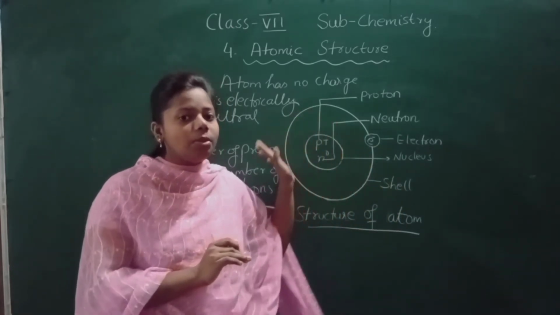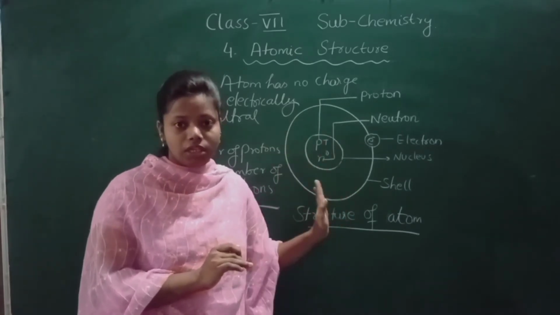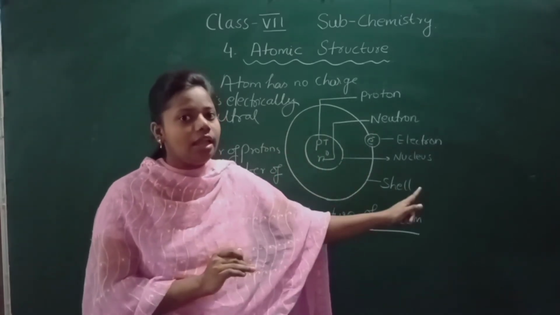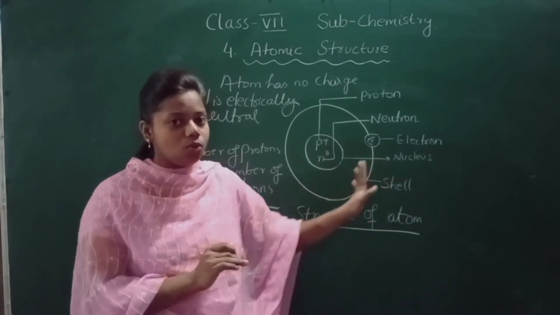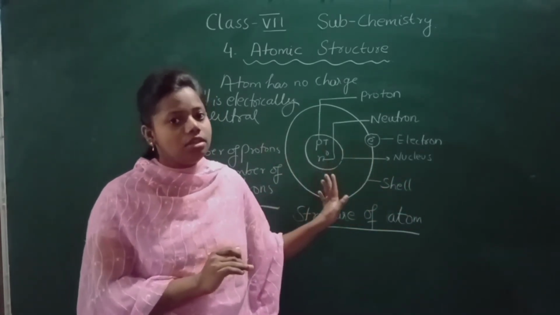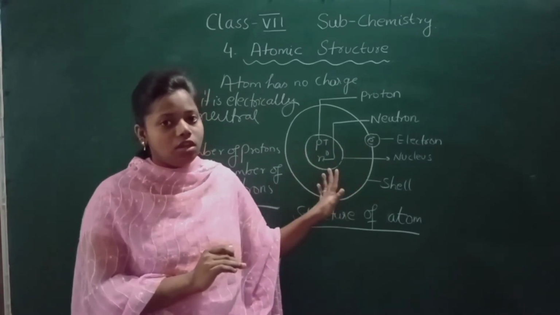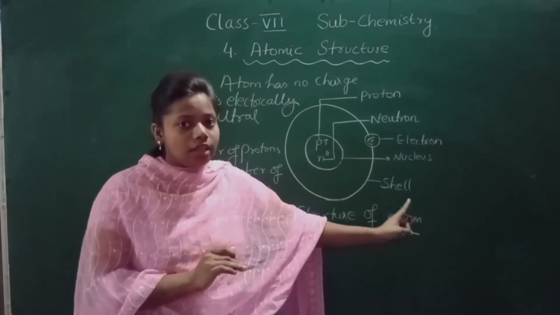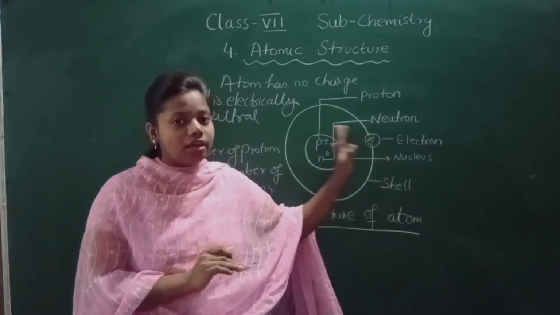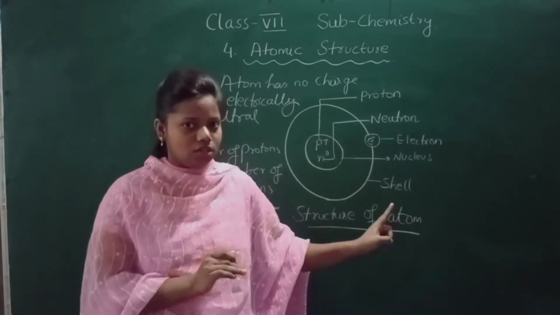So what will the atom become? It will become positively charged in case it is losing the electron. When it is not losing anything, at that time the atom is electrically neutral. But if the atom is losing the electrons, that means the atom will become positively charged.